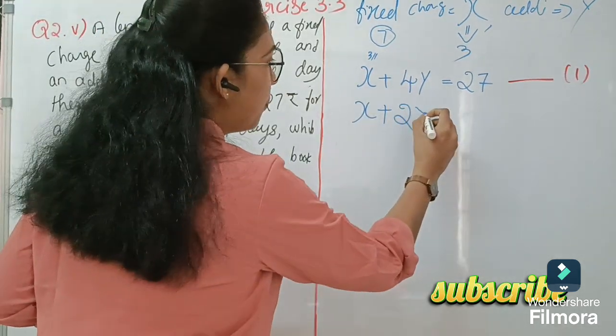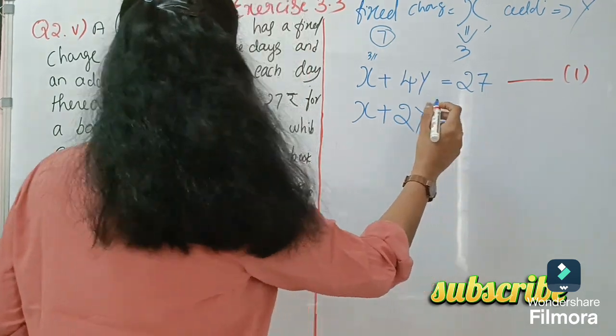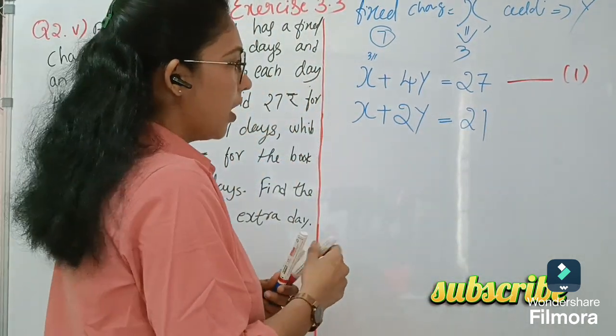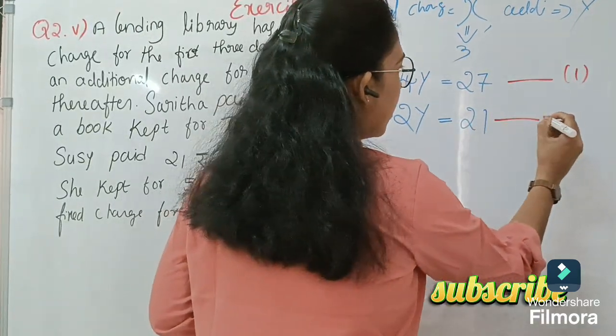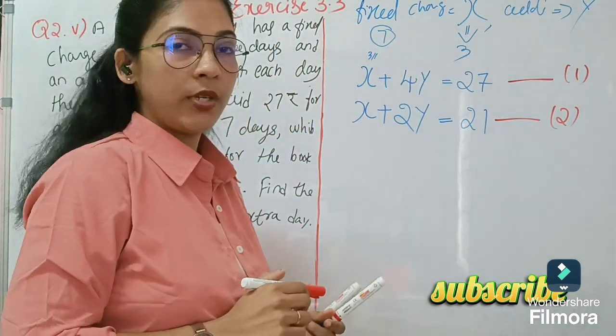For 2 days we pay the additional charge. That is X plus 2Y is equal to the total she spent, rupees 21. So X plus 2Y is equal to 21, and this is equation number 2. Did you understand how to write this equation?